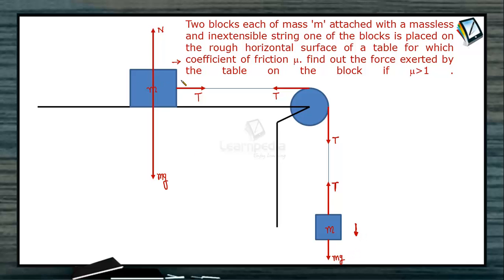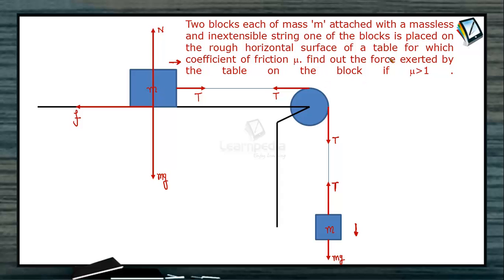So to oppose the motion of this block, force of friction will act on this particular block. Suppose F is the force of friction. Here you can understand that N as well as F are two forces which are being applied by the table on this block.